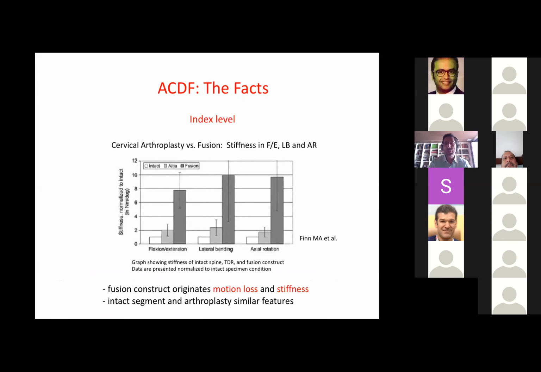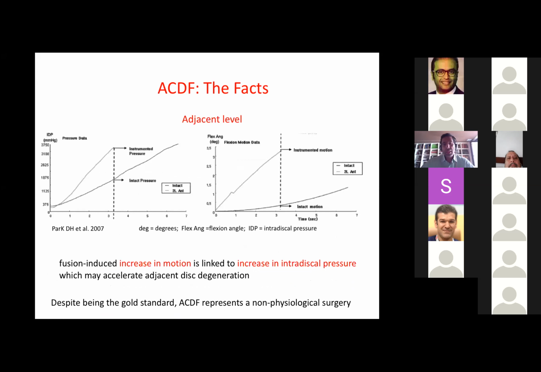So the closest thing you can do to an intact segment is definitely arthroplasty. There is a fusion-induced increase in motion, which is linked with increase in intradiscal pressure, and altogether this can accelerate adjacent disc disease. So for me, ACDF is clearly a non-physiological surgery.